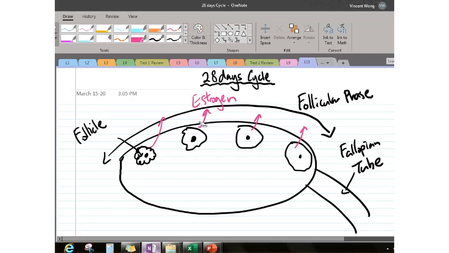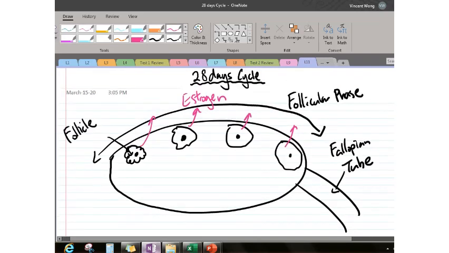Later on I will explain what estrogen does in a separate video. But after about 14 days, midway through the cycle, the egg inside the follicle would be ready.